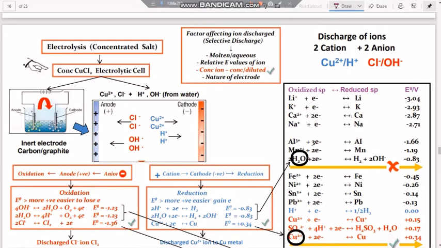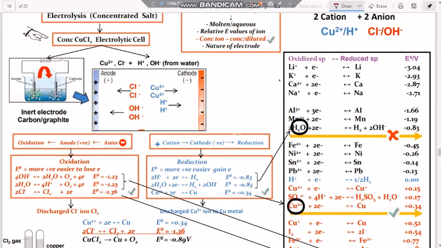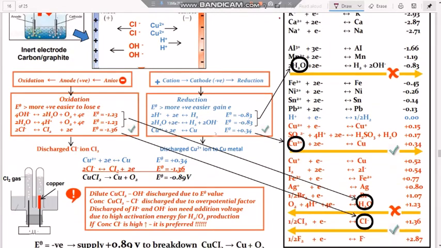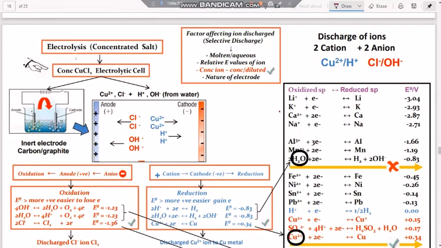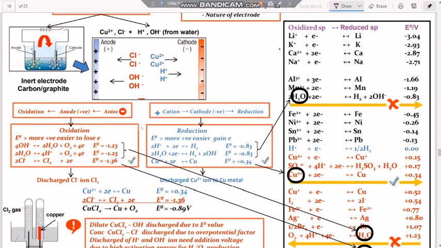When you observe copper chloride salt, it is the same situation as an electrolytic solution. In the electrolysis of concentrated copper chloride, we face the same thing: copper gets deposited at the cathode because the E naught value is more positive.